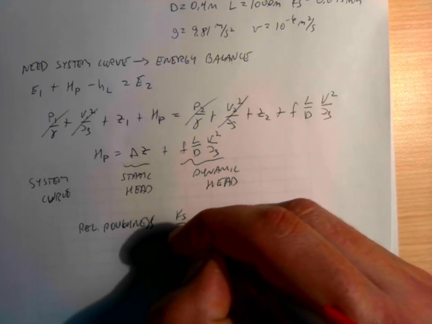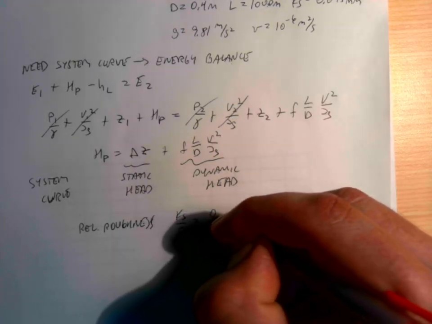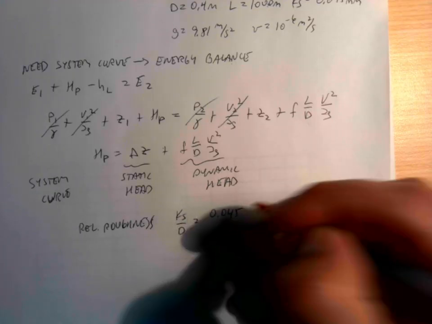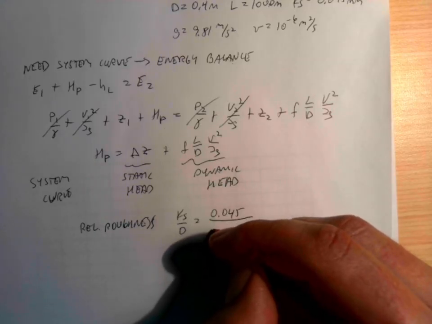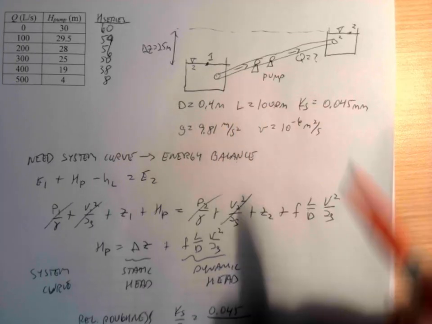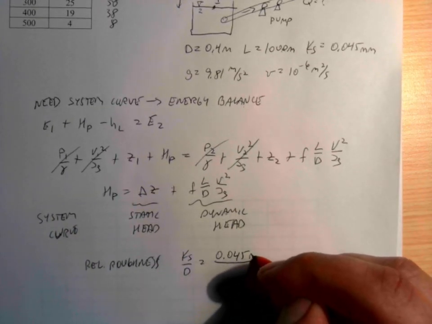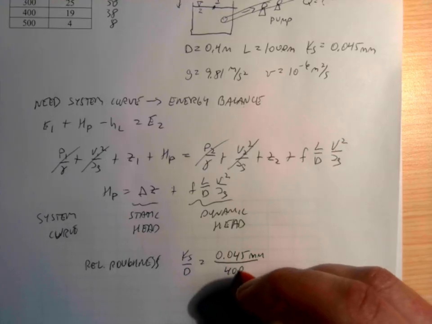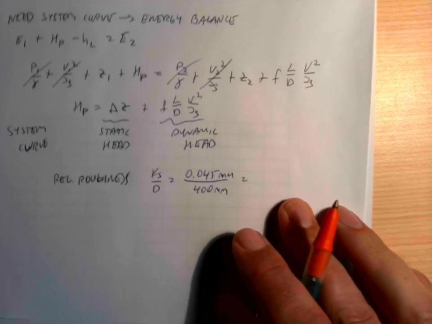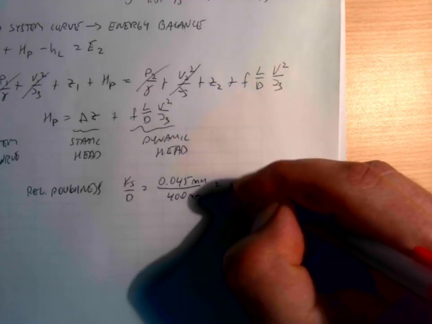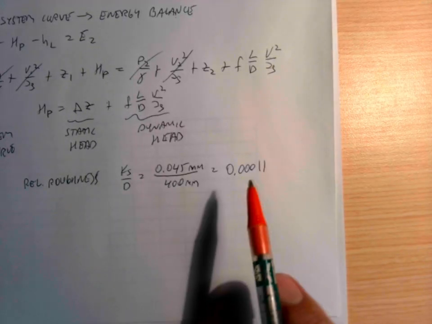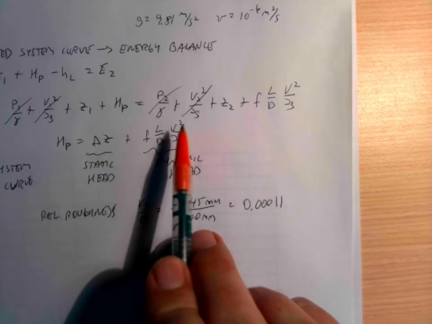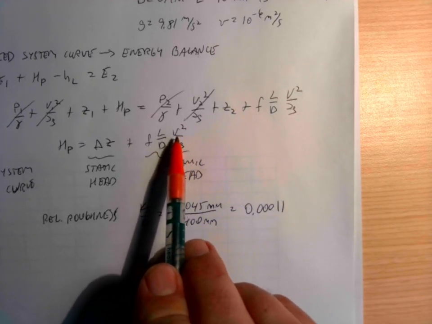And so ks over d is equal to 0.045 divided by the diameter, which is 0.4 meters or 400 millimeters. Okay, and that comes out to be 0.00011.